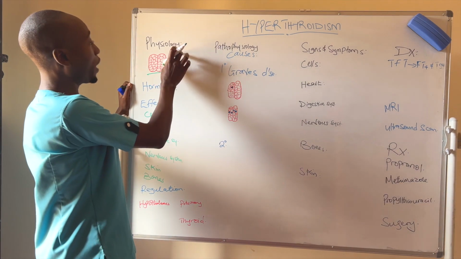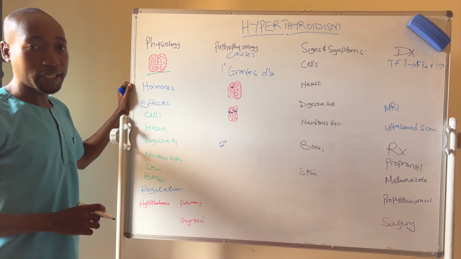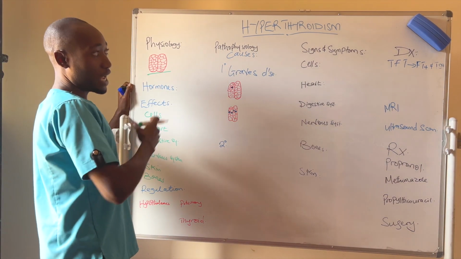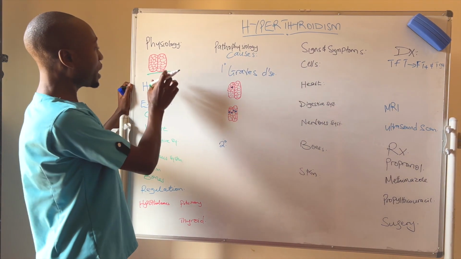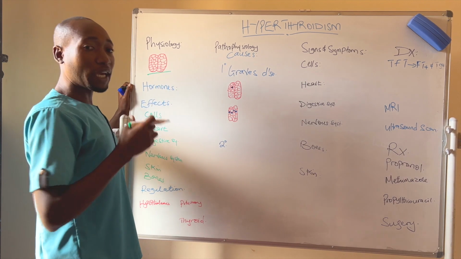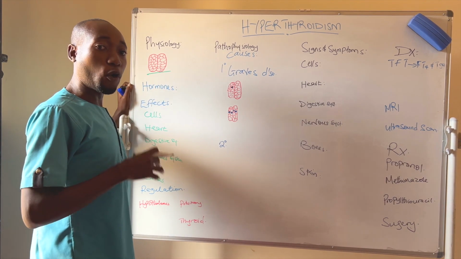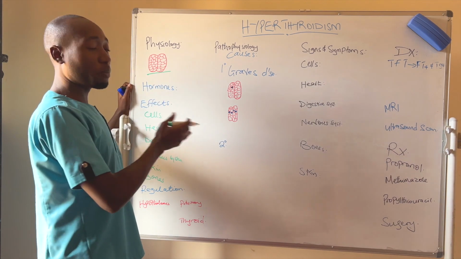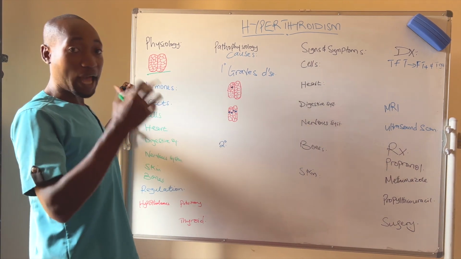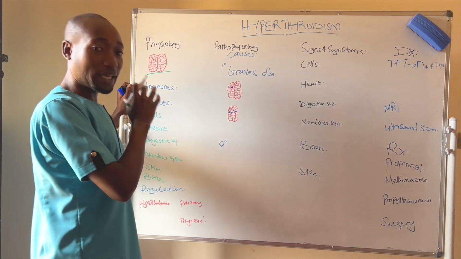Let's review a little bit of the physiology of the thyroid gland so that we can understand hyperthyroidism. The thyroid gland is located just below your larynx, or what we sometimes call the Adam's apple. It has two lobes, the right and the left lobe, connected by what we call the isthmus.